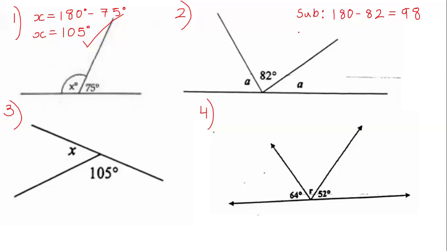So we're gonna divide 98 degrees by 2. And 98 degrees divided by 2 is what? 49 degrees. 49 degrees, very good. Anyone else got 49? So A is 49 here. So this is 49 degrees.